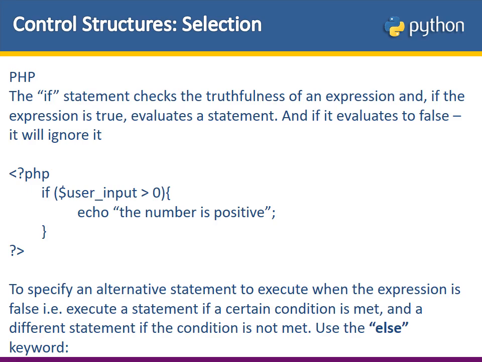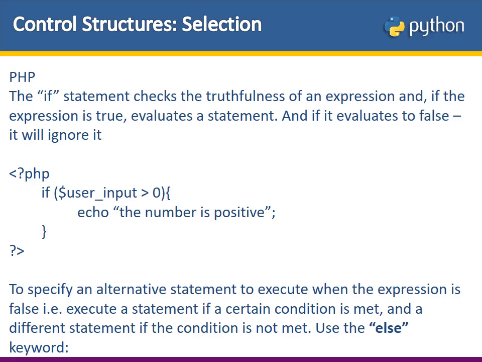We want to look at PHP as well to compare it with the Python we have already discussed and analyzed. So we want to look at the if statement in PHP. The if statement tests the truthfulness of an expression, and if the expression is true, it evaluates a statement, and if it evaluates to false, it will ignore it.